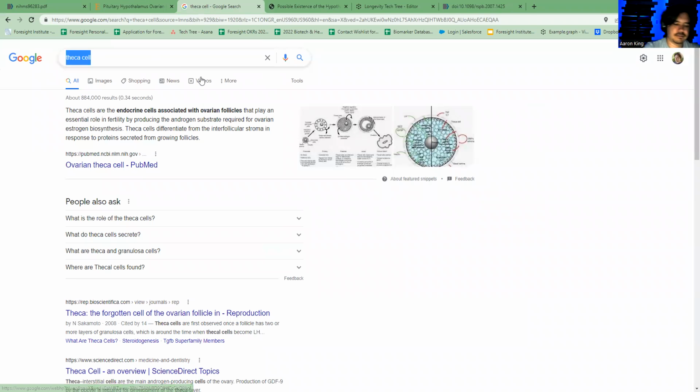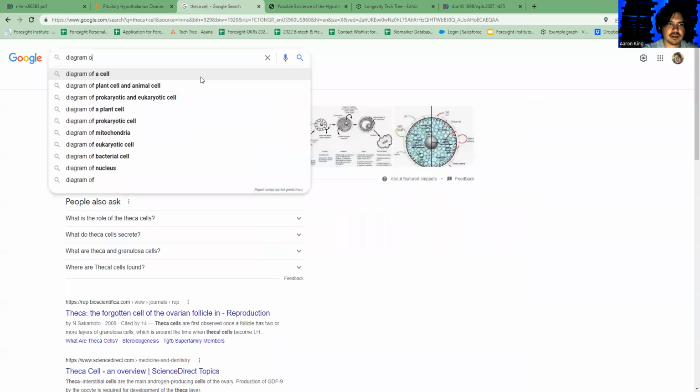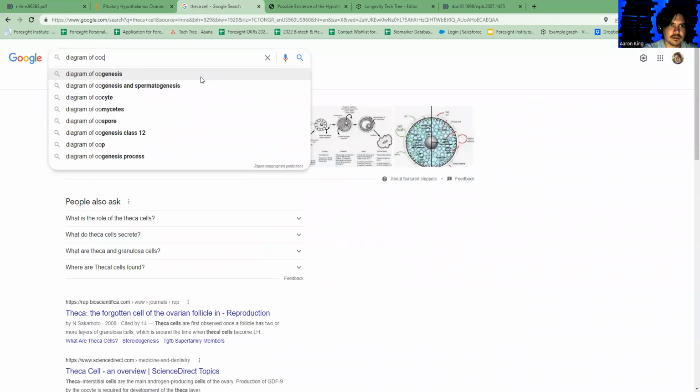How about a diagram of oocyte maturation?